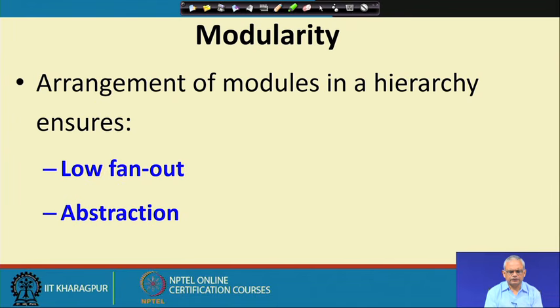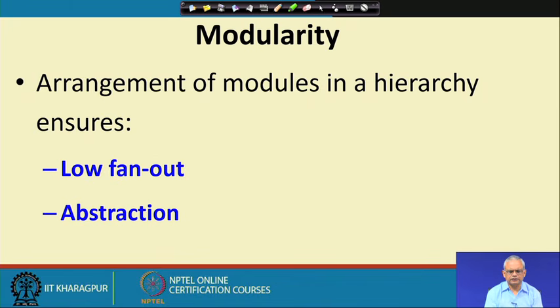And of course, the modules should be layered. A good layering, a tree-like diagram, we will see has low fan-out and abstraction.